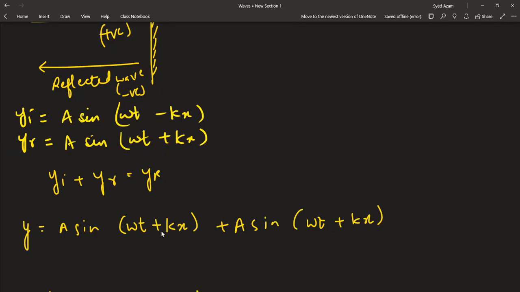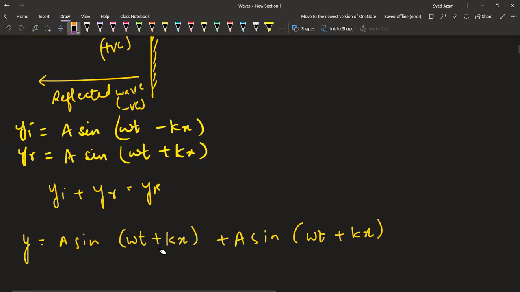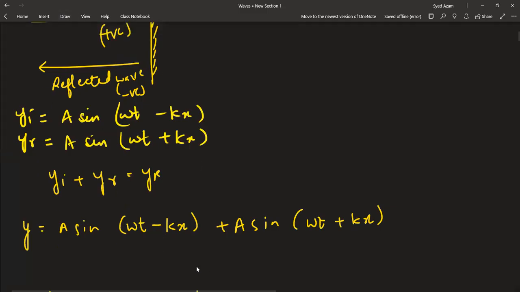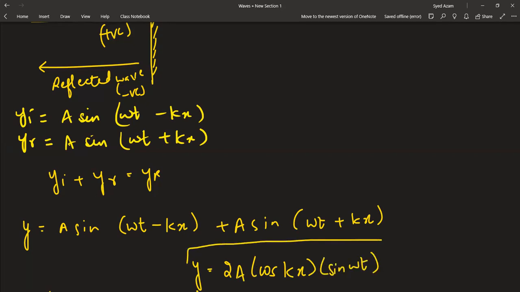One will be minus. We have just added the equations. So the final equation of the stationary wave will be 2a cos kx together with sine omega t, using the identity.